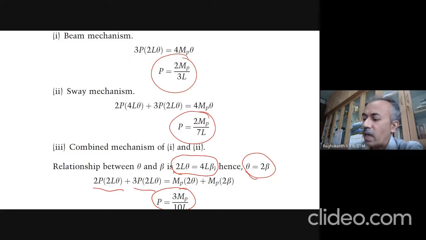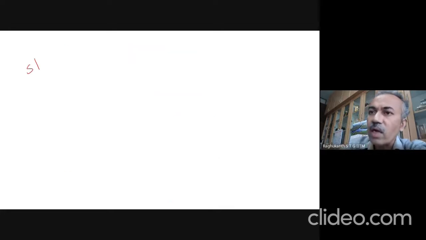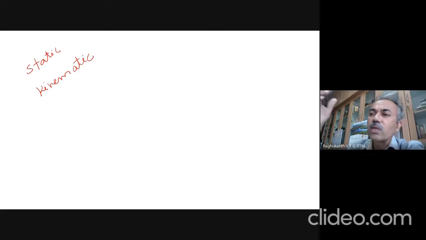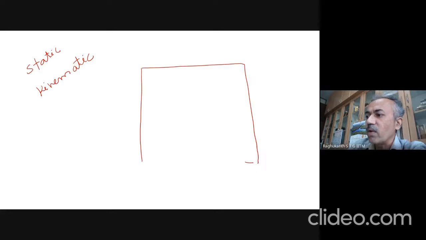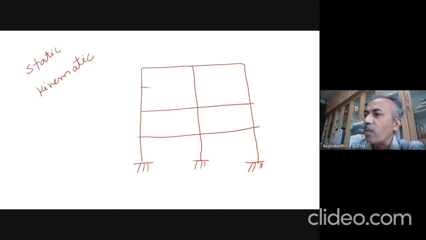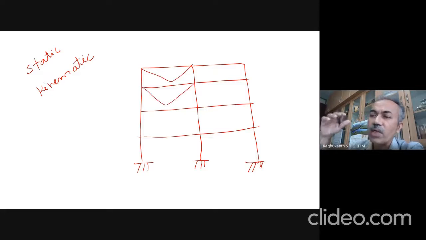So this is the static method and the kinematic method, whatever we discussed. Static and kinematic methods you can use for simple problems. And suppose you are having frames like this, complicated multi-story frames, then you can have so many mechanisms, partial collapse, joint mechanisms, and so many mechanisms you may have to consider.